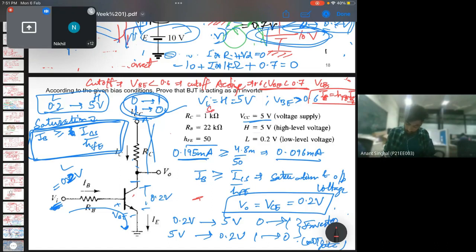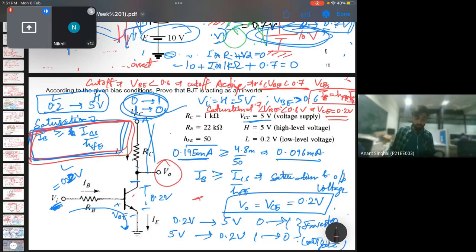And for saturation, VB was greater than 0.7 and less than 0.8, and this VC was assumed to be 0.2 volt, and the condition was this, which needs to be satisfied to get this circuit to work as an inverter.